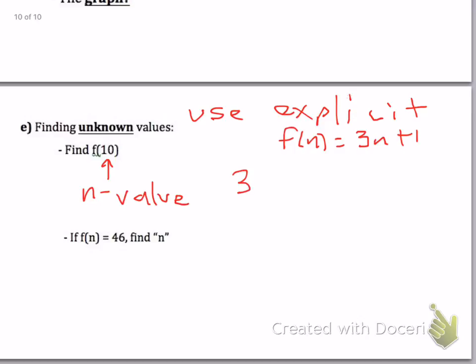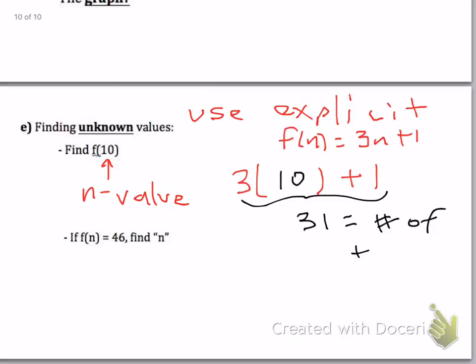So I'm going to take my 3n plus 1 and replace the n with a 10. So when I do that, 3 times 10 plus 1 is 31. So this is going to be the number of tiles in the 10th figure.